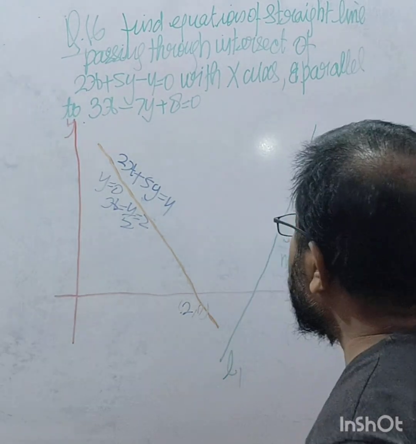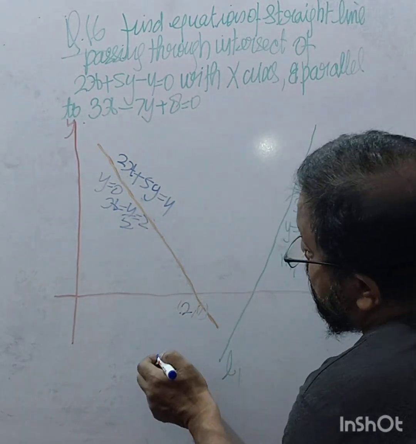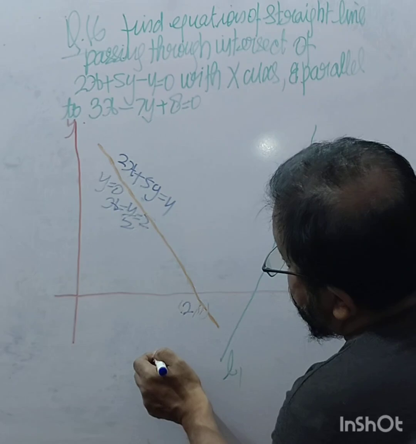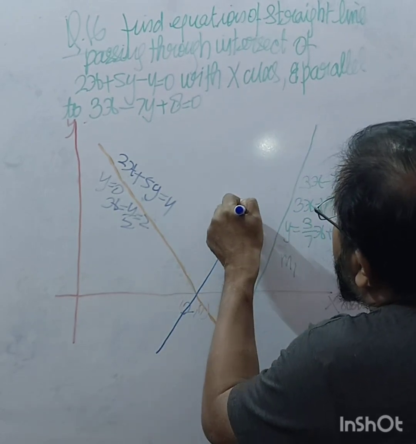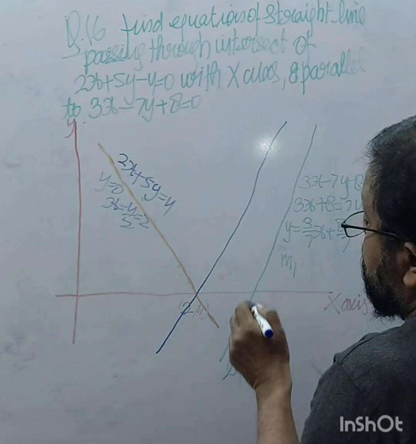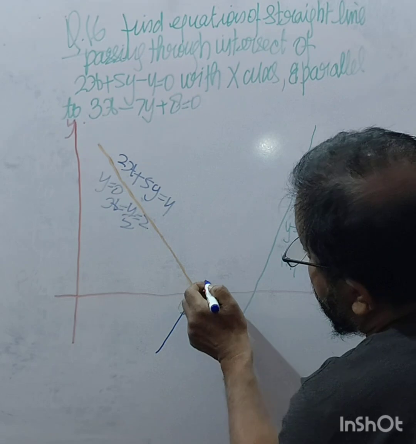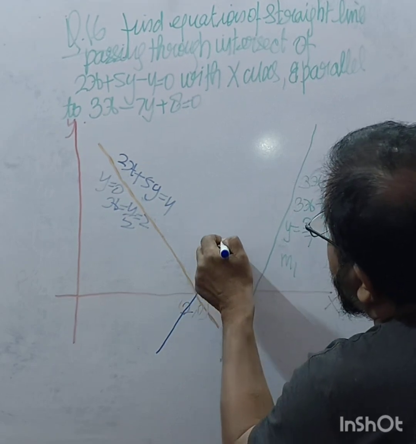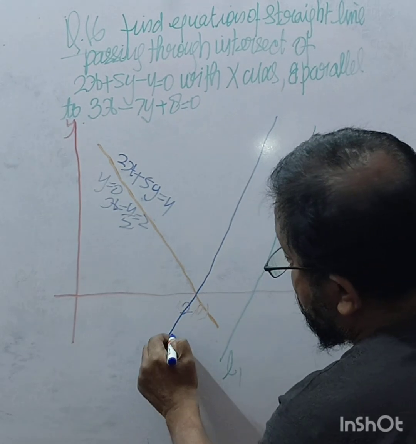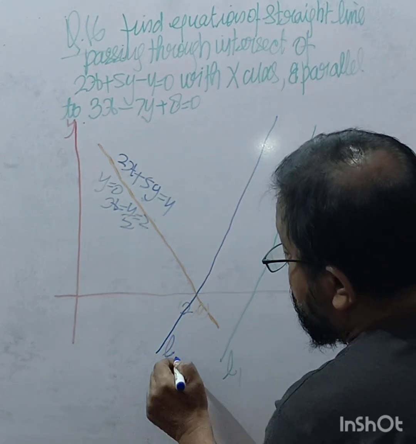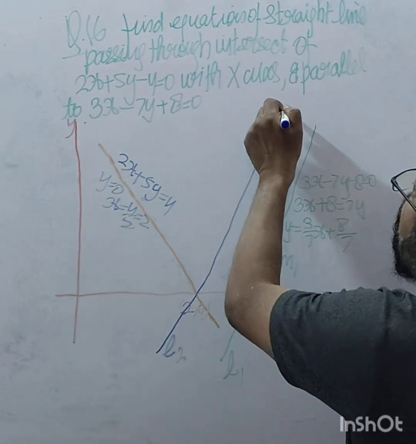And there is a line passing through this point of intersection and parallel to this, right? This is line 2, and line 1 and line 2 are parallel.